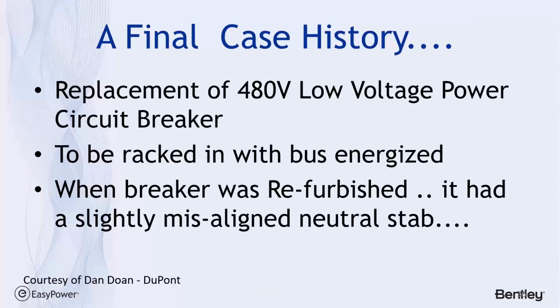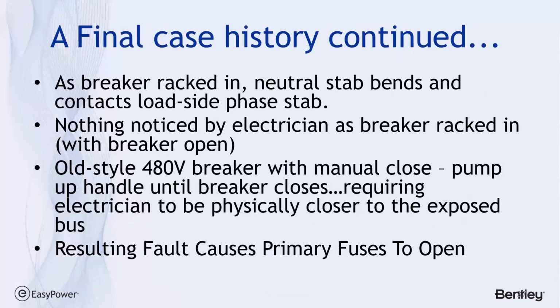I think this was a DuPont plant that needed to have a replacement of a 480 volt low voltage power circuit breaker that had to be racked in with the bus energized. When the breaker was refurbished, it had a slightly misaligned neutral stab that wasn't recognized by the electrician as he was racking in the breaker.